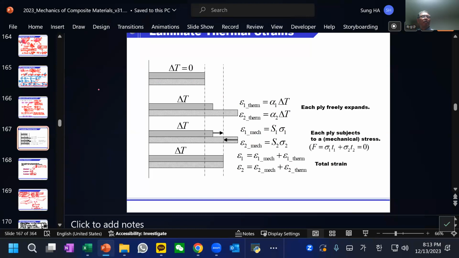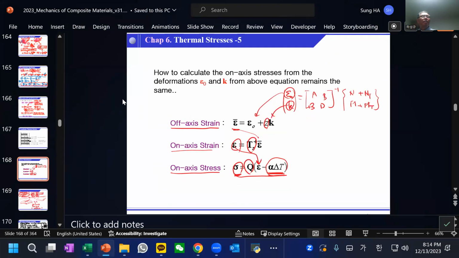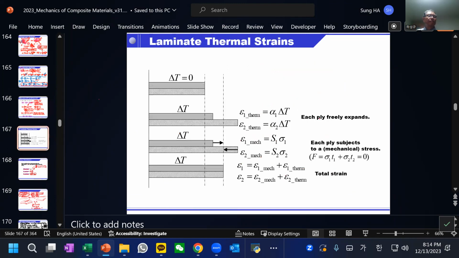Now, before we try the Excel, I just want to give you a simple schematic drawing showing why the thermal stress, the thermal term, can cause many different types of deformations. Okay, this is just for the purpose of understanding the thermal deformation. Of course, we derived the equations, but it is better to understand it in a simpler way like this.